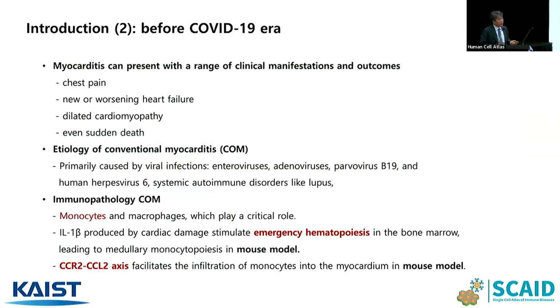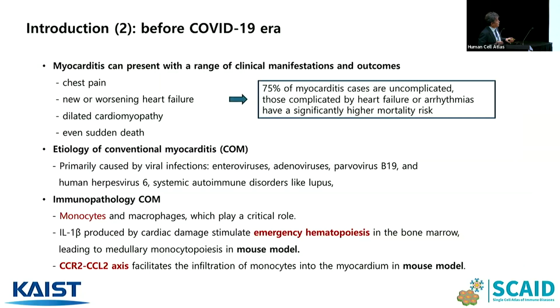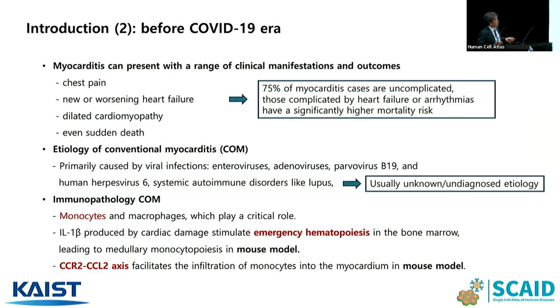So there are 2 kinds of myocarditis. Conventional myocarditis is from before the COVID-19 era. So we don't know the exact pathogenesis, but in most cases it is uncomplicated, though some have very high mortality risk. There is some evidence that emergency hematopoiesis and the CCR2 axis are important in the mouse model.